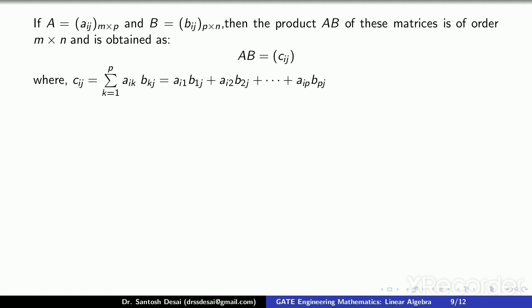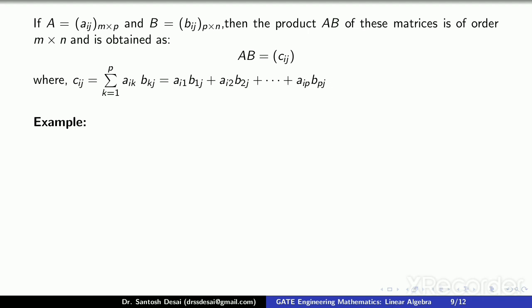Now if you substitute the values of k from 1 to p, then we get ai1 b1j plus ai2 b2j plus and so on plus aip bpj.